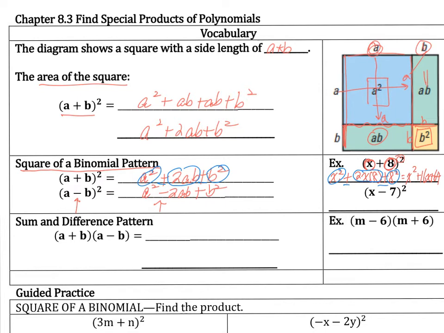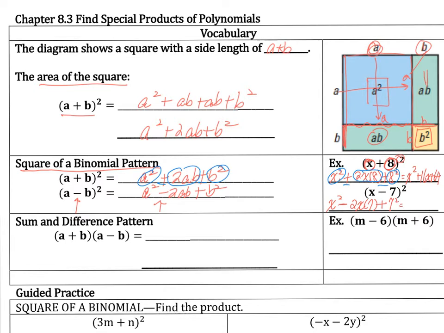And the same thing will go for another one with the subtraction sign for the binomial. x squared minus 2 times x times 7 plus 7 squared.